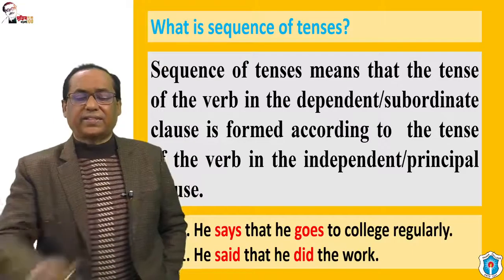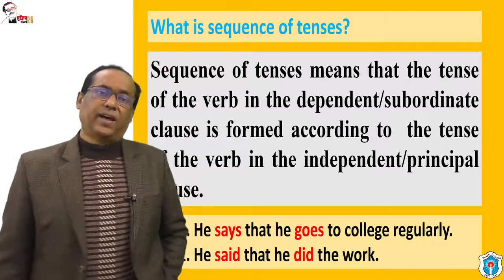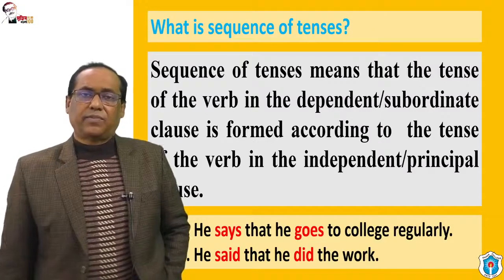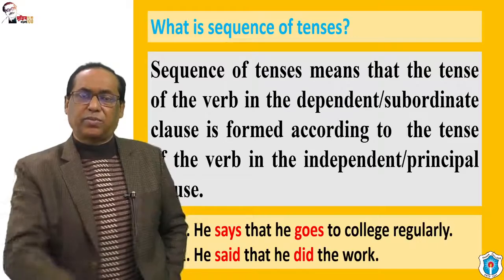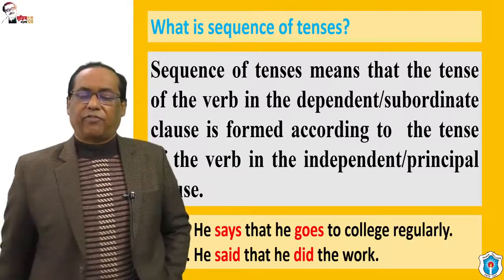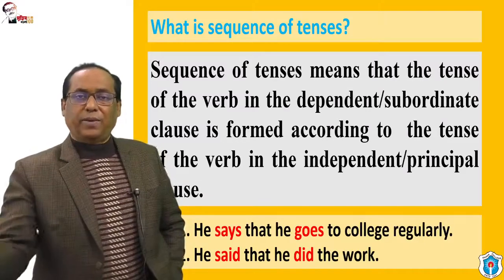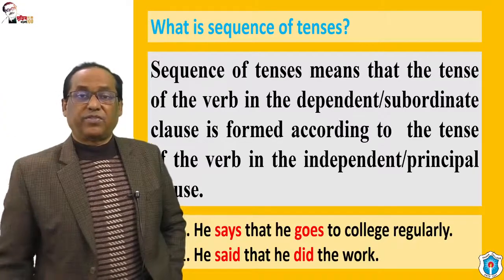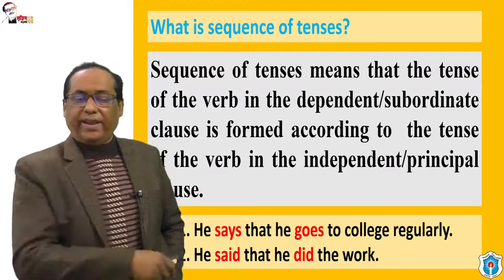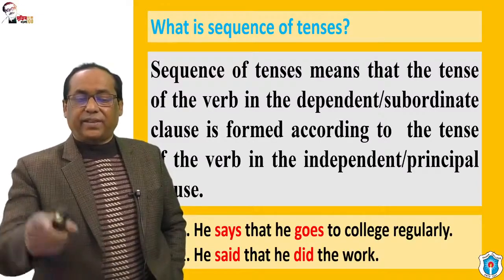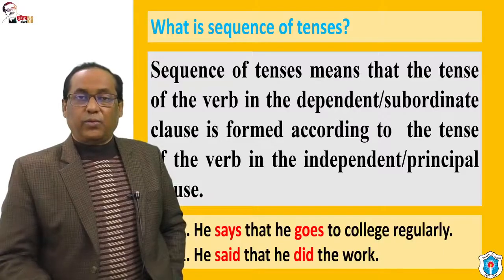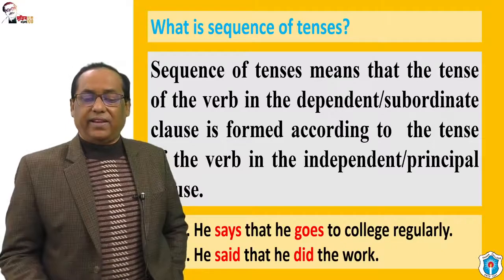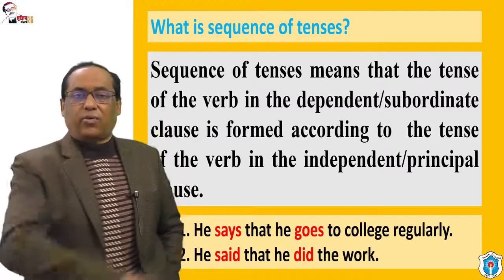In the same way, he said that he did the work. Said is simple past in the principal clause. So the verb do in the subordinate clause takes the simple past form, did. You can't write that he said that he will go. It is wrong. You can't say he said that he does the work. It is wrong.